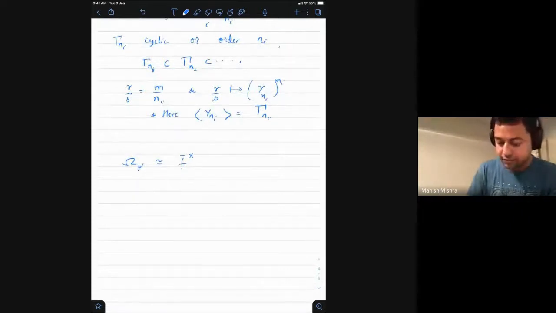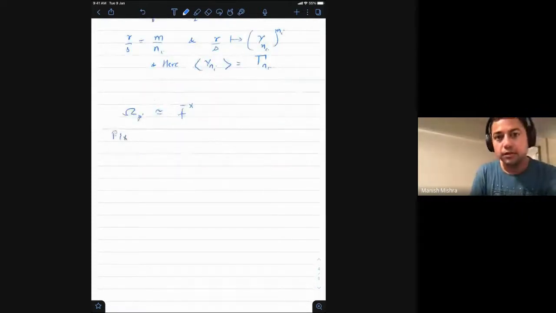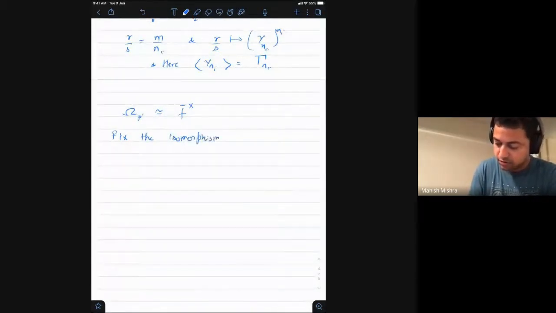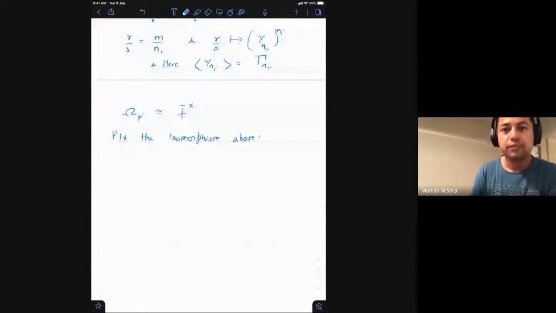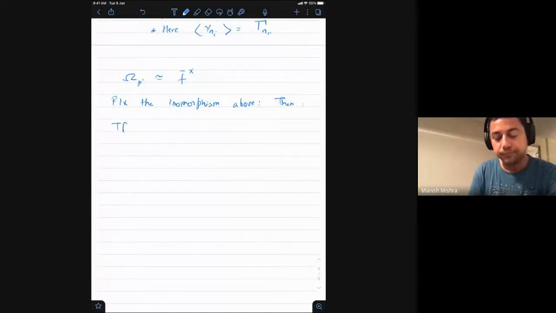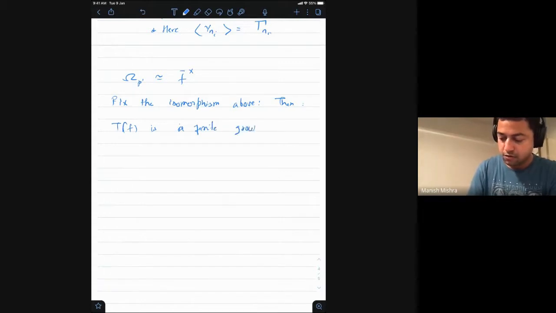Now fix the isomorphism. Then T^F, the rational points of the torus, is a finite group of order prime to p.